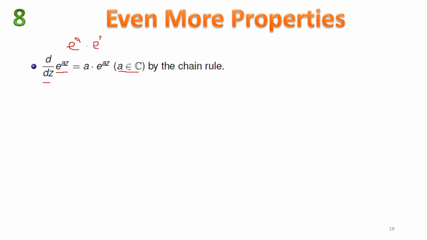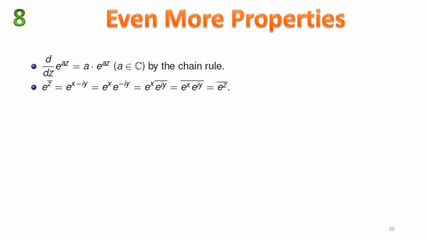So here we can employ the chain rule, and the derivative of e to the power az will be simply a times e to the power az.